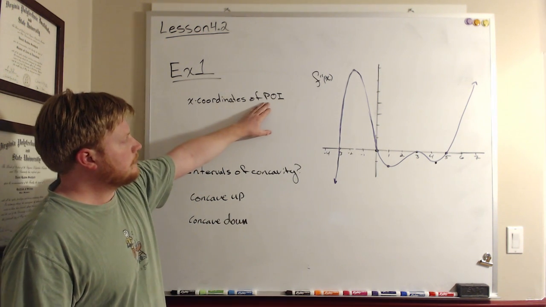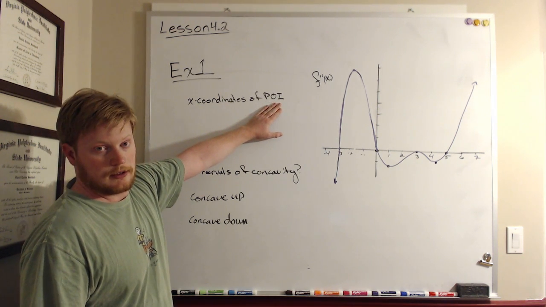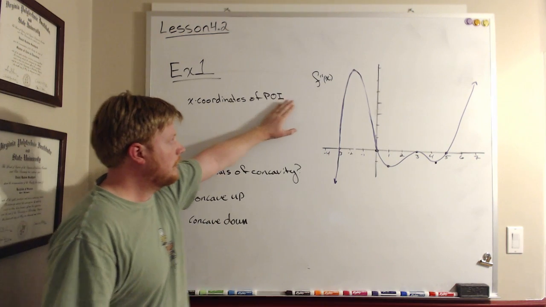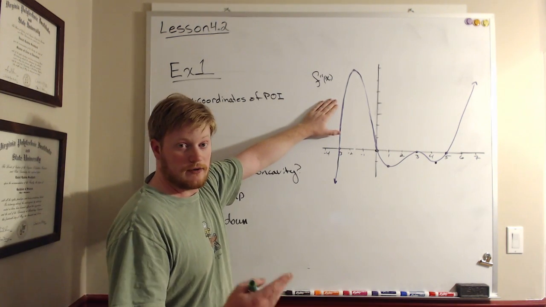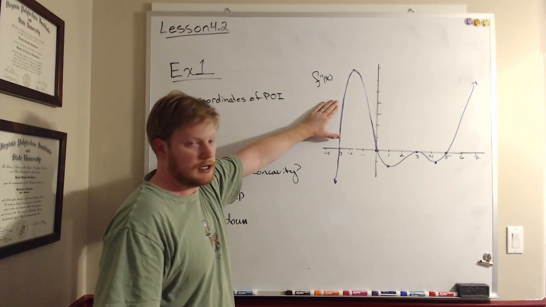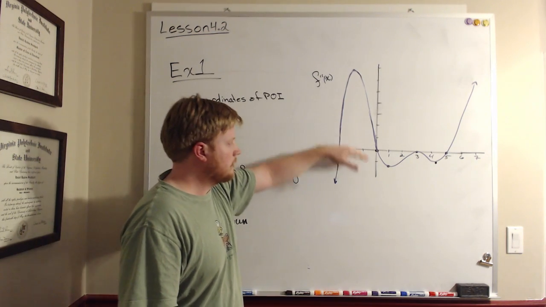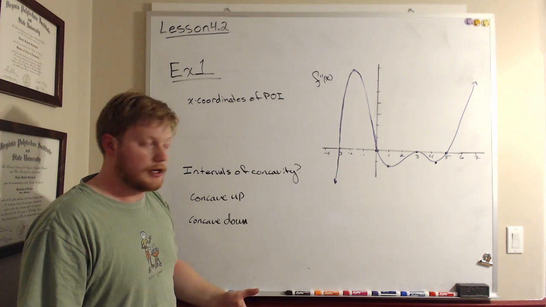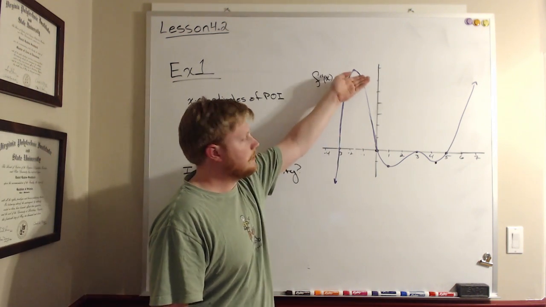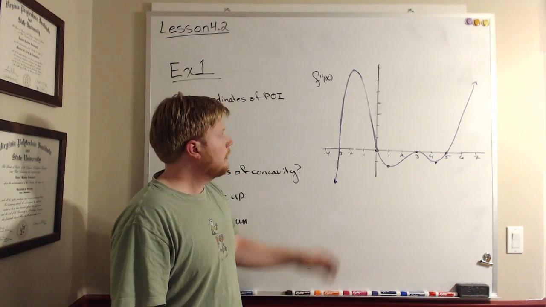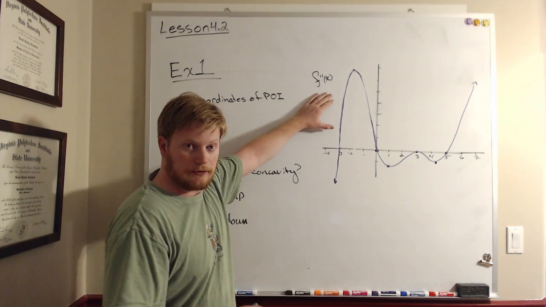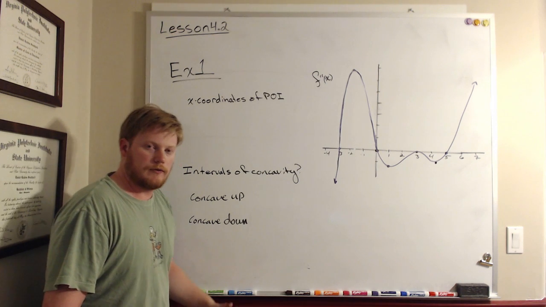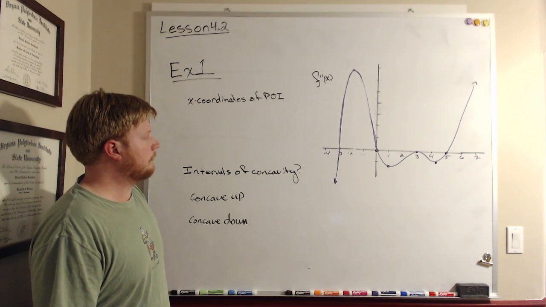So remember, points of inflection are where the concavity changes. And since this is the graph of the second derivative, it's telling me what the concavity is. In other words, the y values are telling me whether it's concave up or concave down, being that the positive values of y say that the original graph f was concave up, and negative values of y, the original function is concave down.